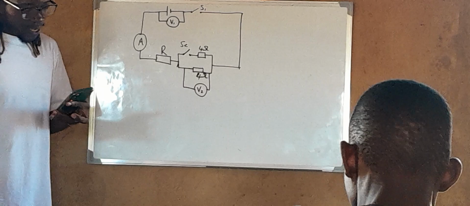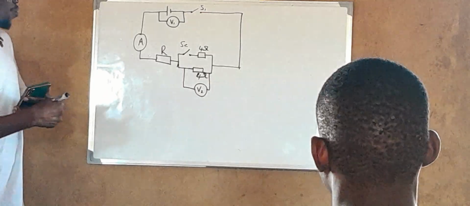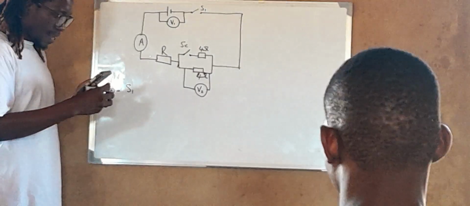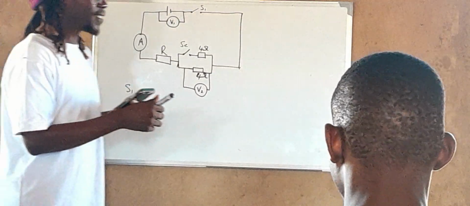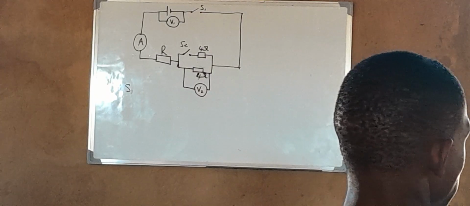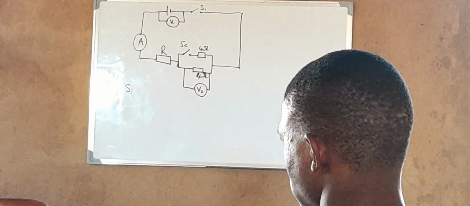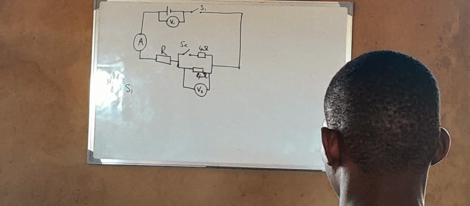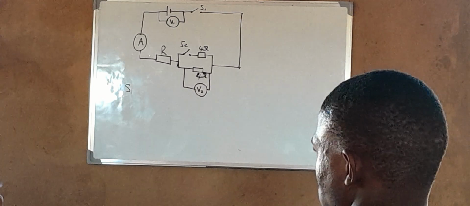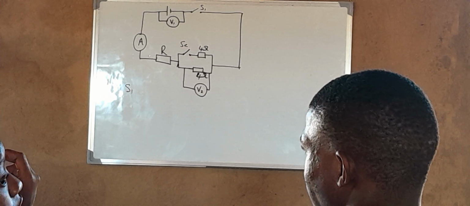So they say when switch S1 is open, what is the voltmeter reading there? Why is it 0?